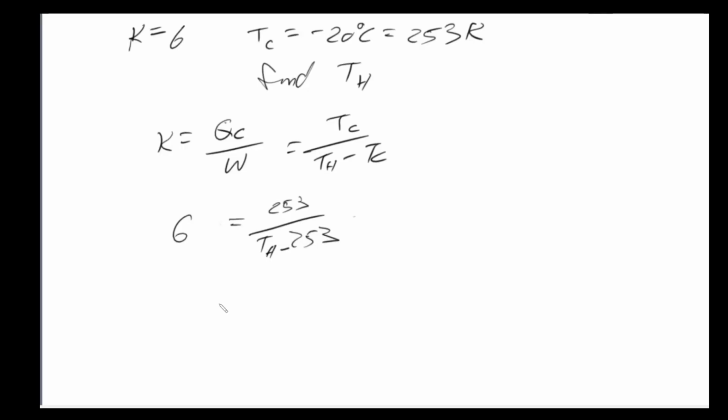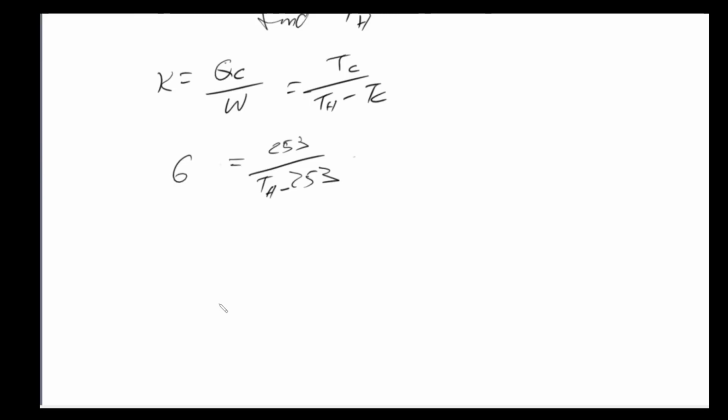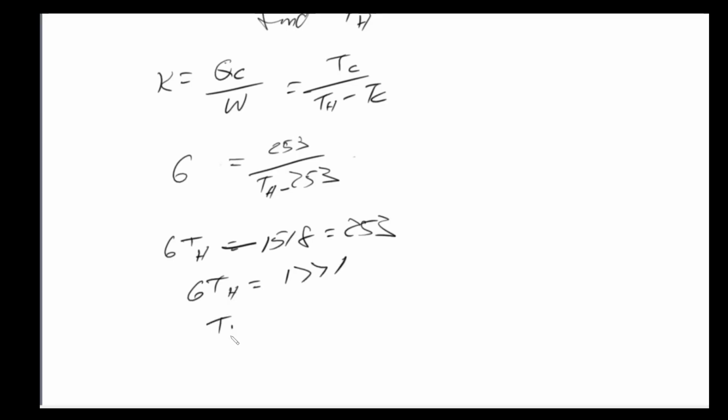So we solve for TH, and we get 6 times TH minus 1518 is equal to 253, or 6 TH is equal to 1771, or TH is equal to 295 Kelvin, which is equal to 22 degrees Celsius.